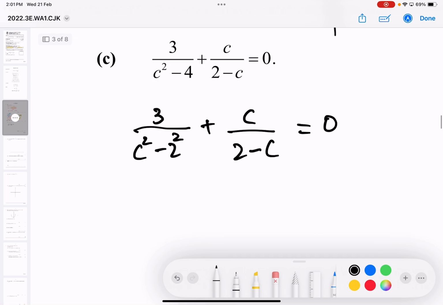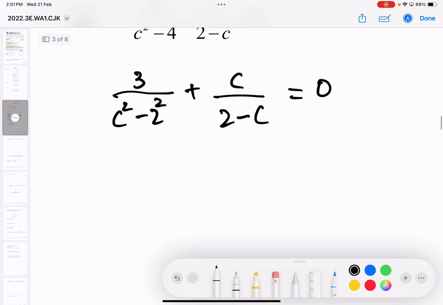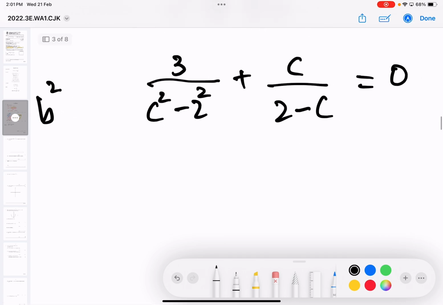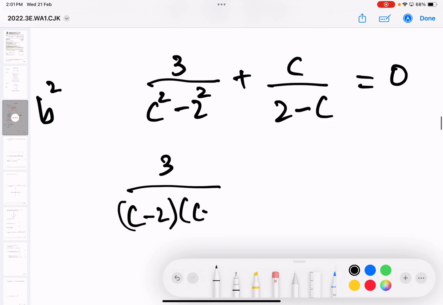Because you want to simplify this whole thing first before you cross multiply. Okay, if you want to do that, you know that this C square minus 2 square is of the form a square minus b square. Does this look familiar? You know that this can be written as 3 over C minus 2, C plus 2.